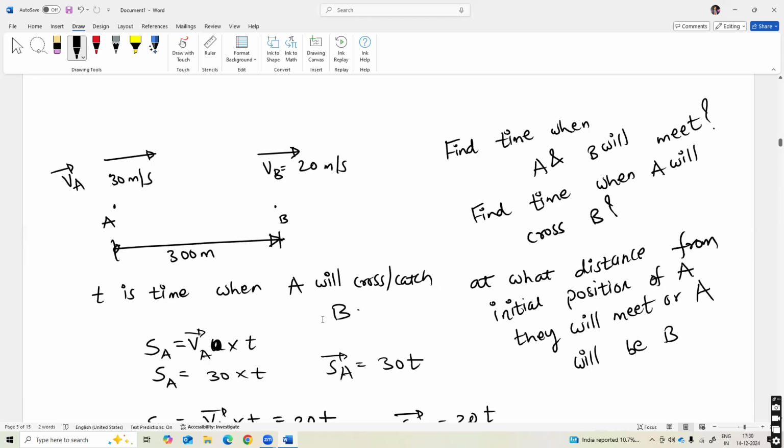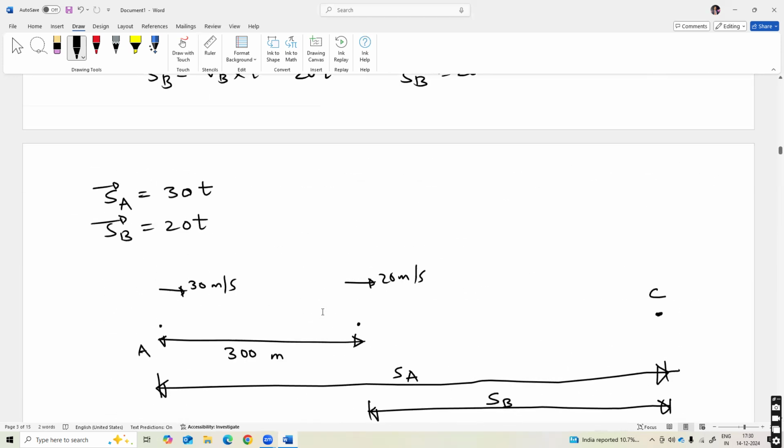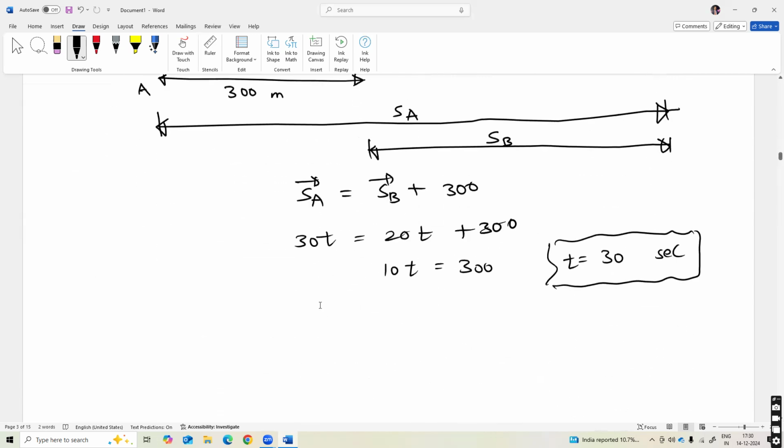Second, at what distance from the initial position of A? You know that both are having constant velocities. In 30 seconds, A moves from its initial location by velocity VA into time.